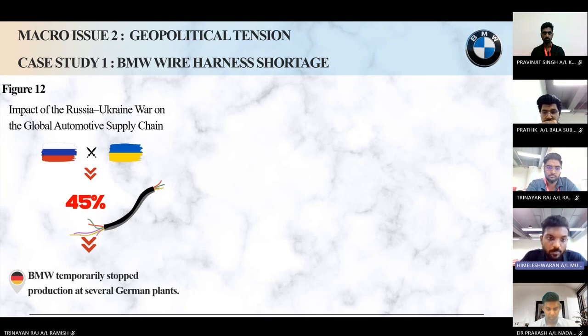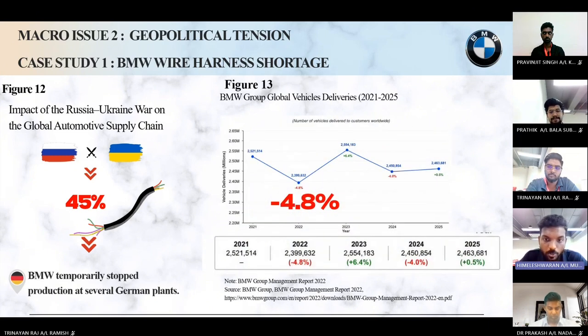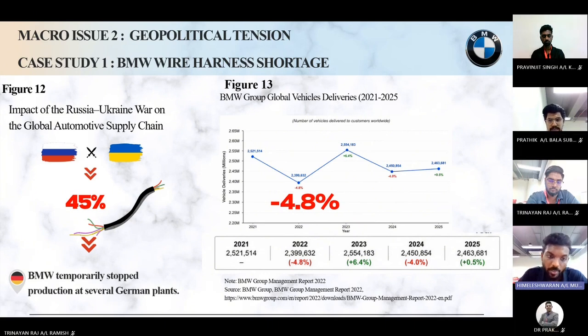Due to the disruption, BMW faced shortages and temporarily stopped production at plants in Munich and also Leipzig. This also affected vehicle deliveries. BMW Group deliveries fell from 2.52 million vehicles in 2021 to 2.4 million in 2022, which is a 4.8% decrease. This shows how a conflict in one country can disrupt car production in another country.